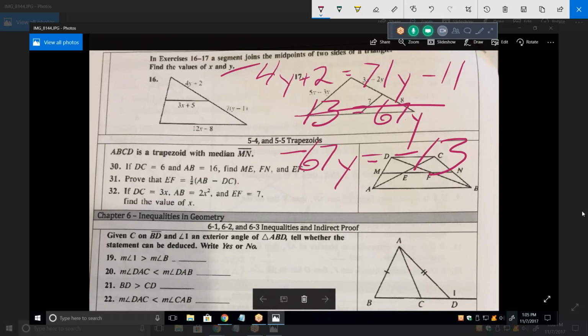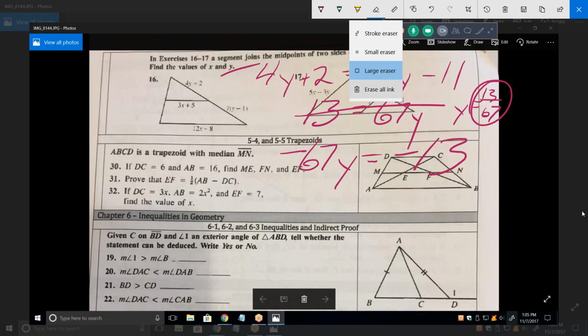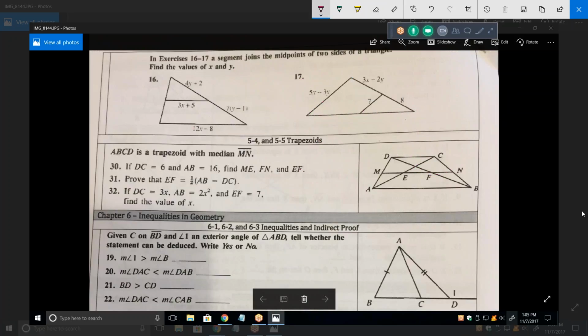Okay. So y would be 13 over 67, assuming that 71 is the right number here. All right. What other equation can you write? Well, we know that the middle line, mid-segment.